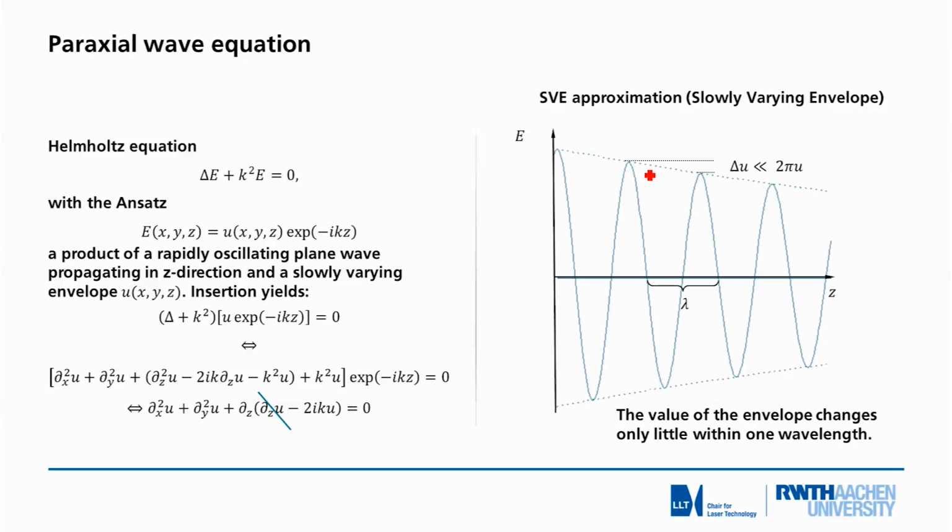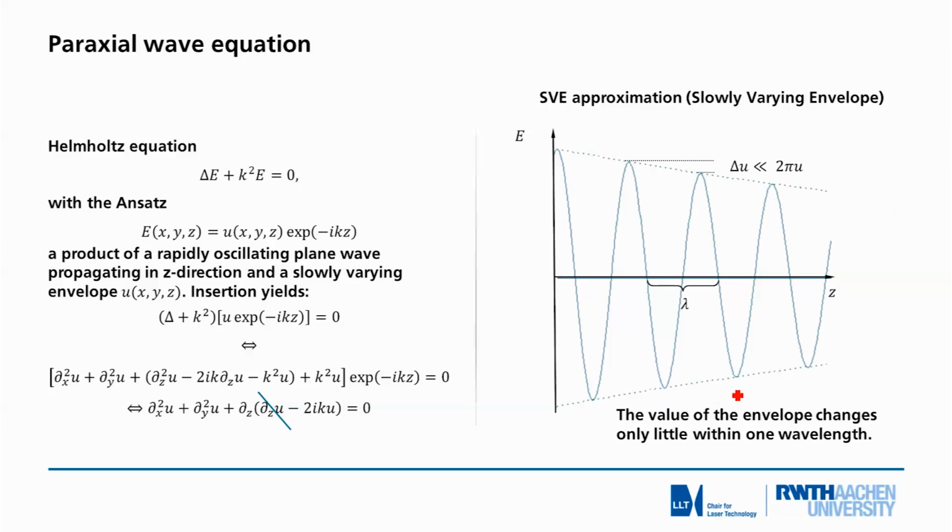Shown on the right-hand side is what u really stands for. U is the envelope; the word envelope is self-explaining, I guess. So we have the true oscillation of the wave, and we have an envelope which is just the connection of the maxima and the minima of that wave.